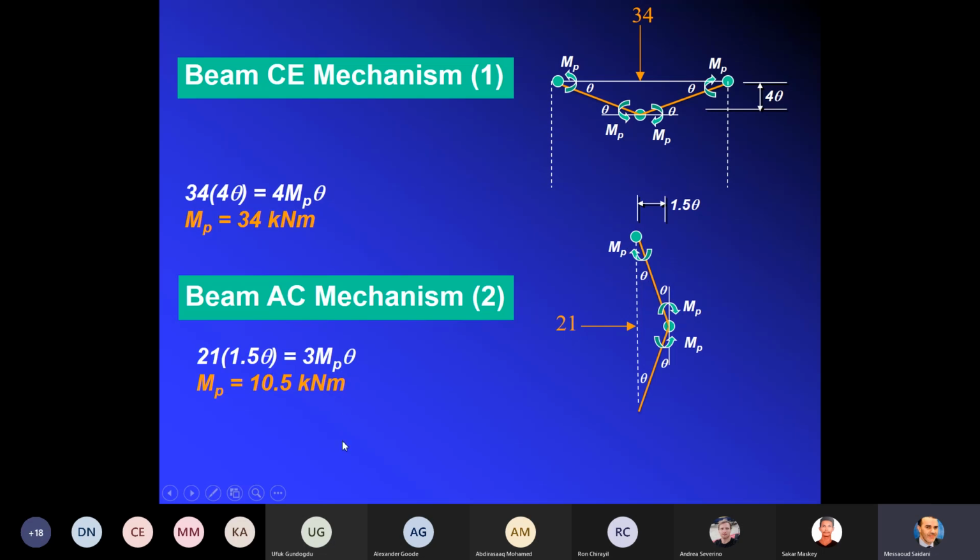Theta and theta will cancel, and then we have 21 times 1.5 divided by 3. 21 divided by 3 is 7. 7 times 1.5 is 10.5 kilonewton meters. Okay, and that's the answer. That's MP for beam AC.